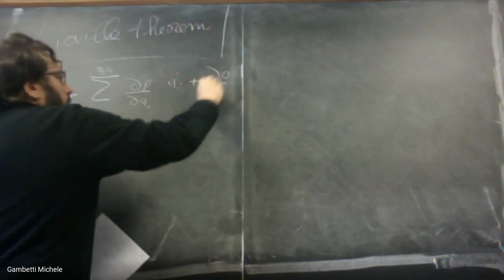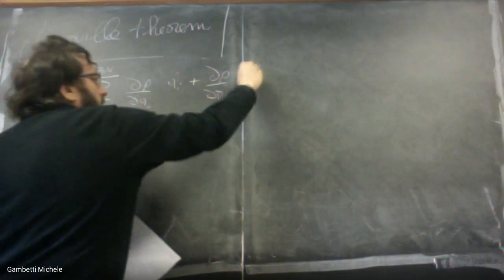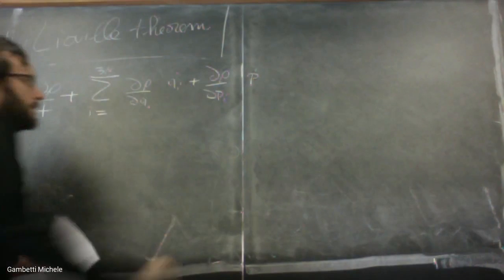So it's the sum from i to 3n of the derivative of rho with respect to qi times the velocity, which means times qi dot, plus the derivative of rho with respect to pi times the velocity, which is pi dot.